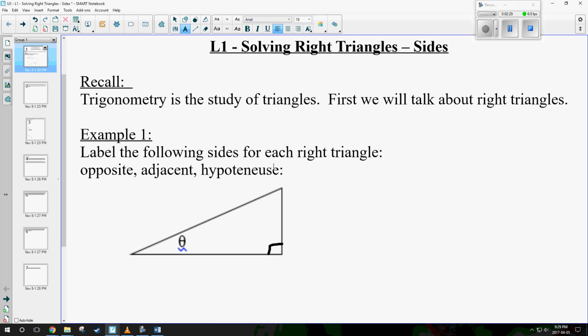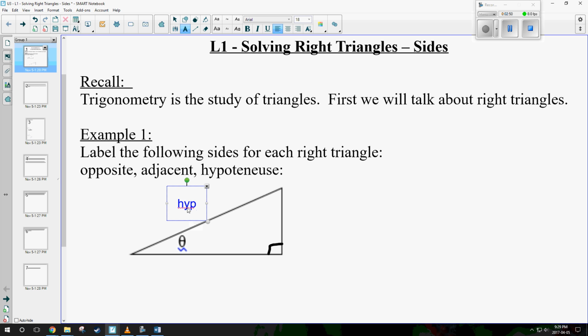Let's first start with the hypotenuse. The hypotenuse always goes in the same spot no matter where the angle is. It's always in the spot that is opposite to the 90-degree angle. So the 90-degree angle is in this corner here, so the side directly across from it gives us our hypotenuse.